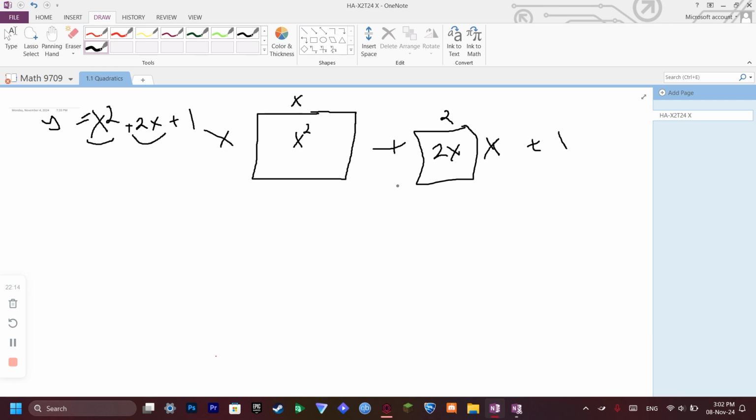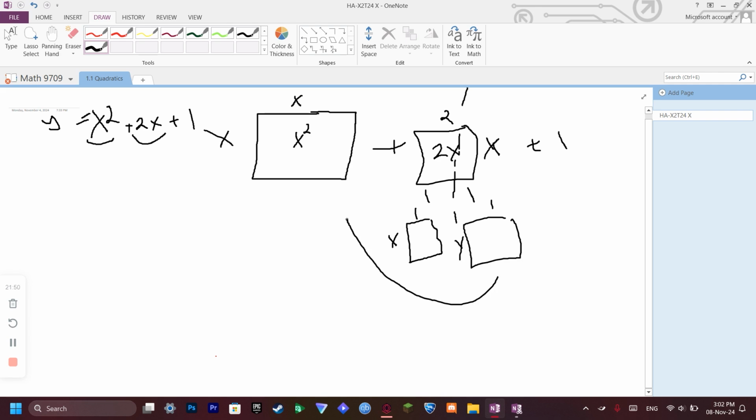I want to write it in such a way that it's something squared plus a number. So let's try to do this. If I take this, this has a side of x, so this side is equal to this side. If I divide this by 2, this is going to be 1, this is going to be 1. You're going to have two rectangles, which are 1x and 1x.